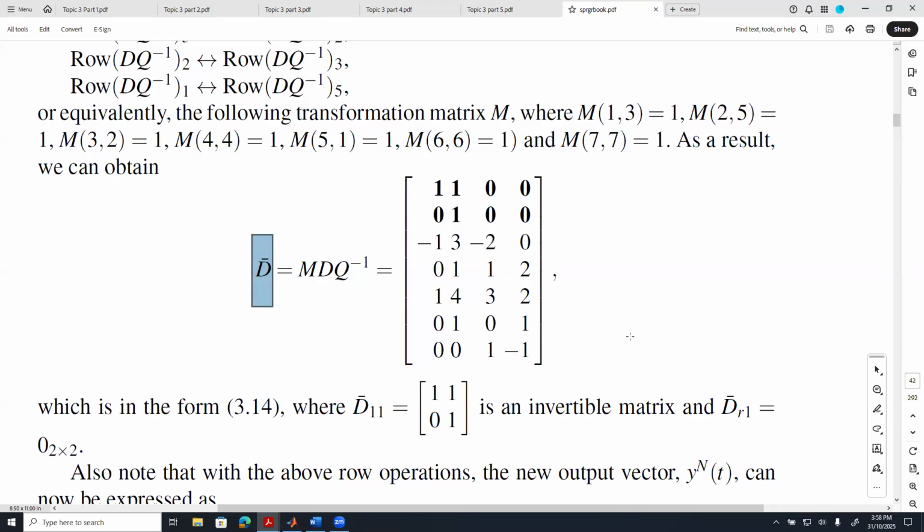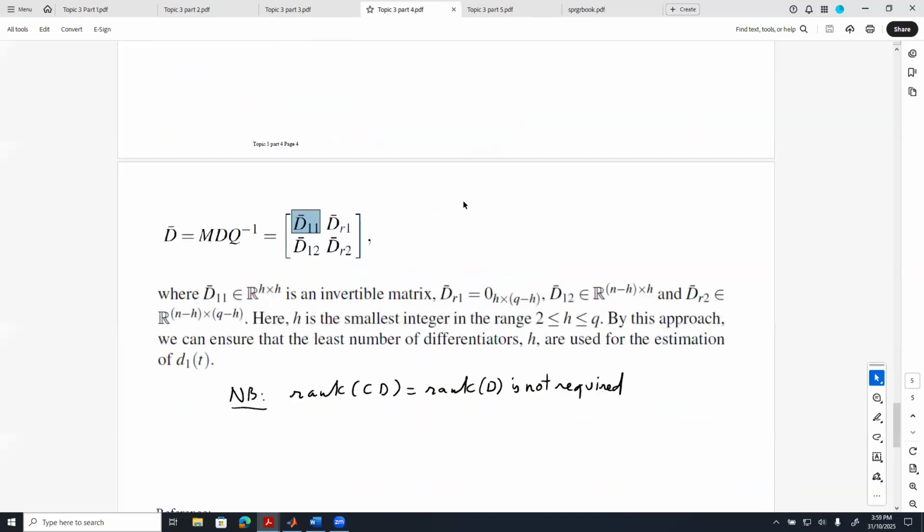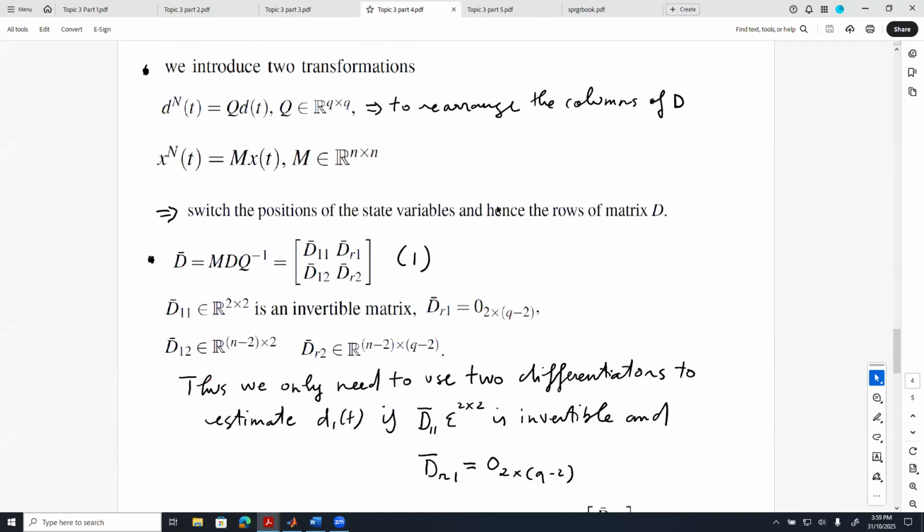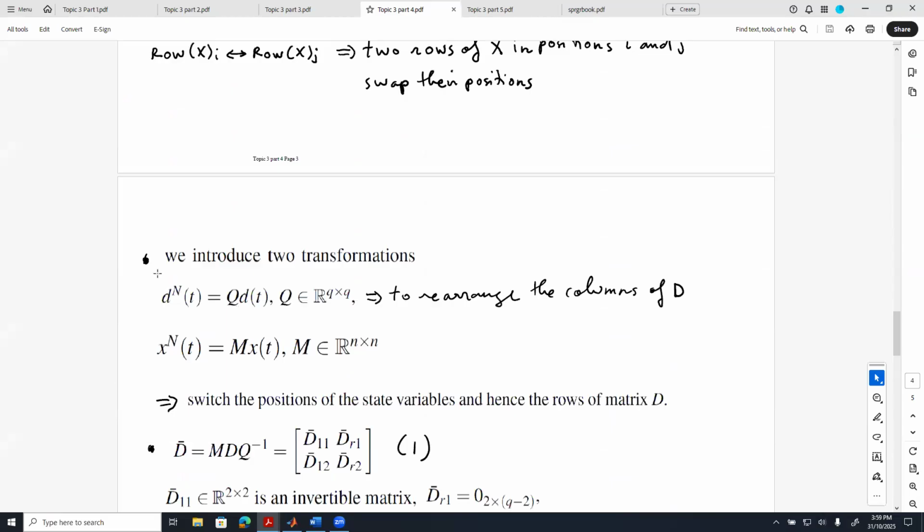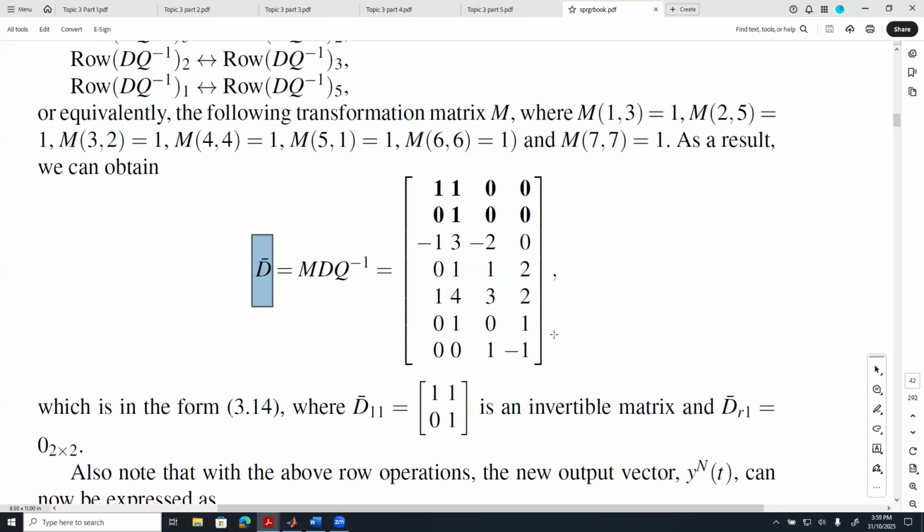This is the result of 2 transformations. This is the result of the arrangement of the input vector or non-input vector, and this is about swapping the rows of matrix D.